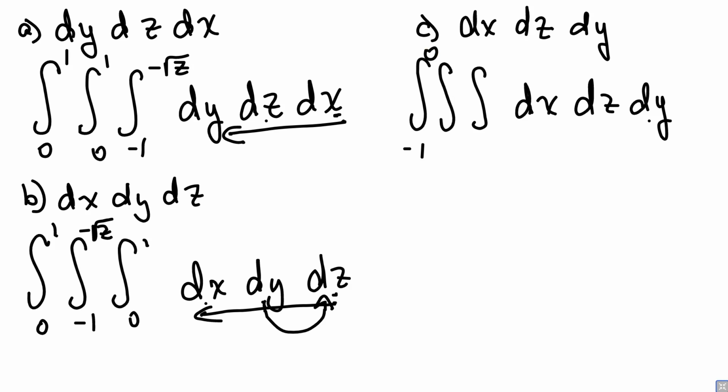Now, next is z. Whatever happens here with z, we've got to make sure that it comes out to be something in terms of y, as far as the limits of integration is concerned. Now, what's the lower z value? It's 0.